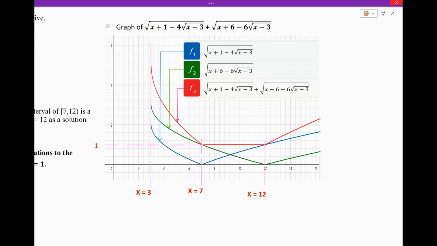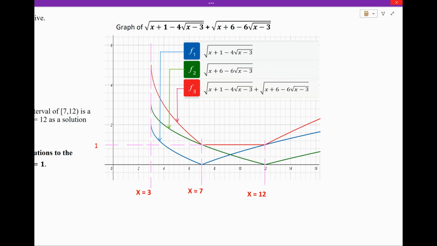And the second part, that is square root of x plus 6 minus 6 square root of x minus 3, that is the green color graph, and that is this graph. It also starts at x is equal to 3 on the left hand side, goes on decreasing and becomes 0 at 12, and after that it goes on increasing.